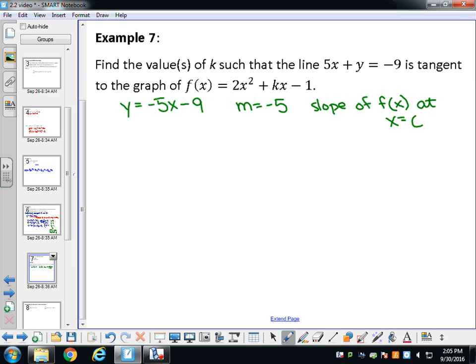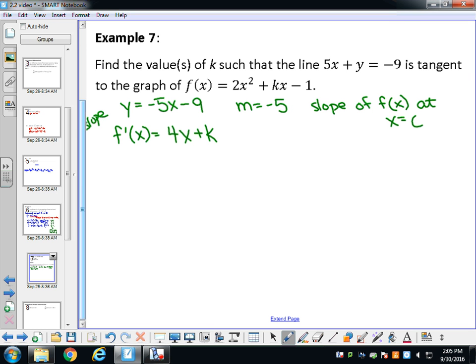What I did next was I found what f prime was, because f prime is also my slope formula. That's my instantaneous rate of change. So that gave me 4x plus k.